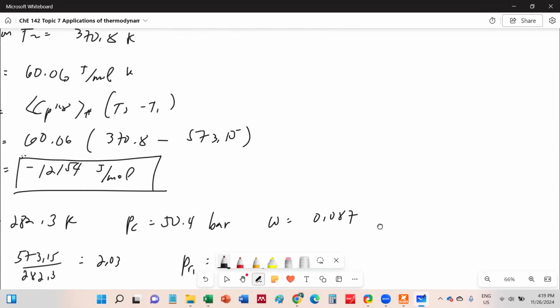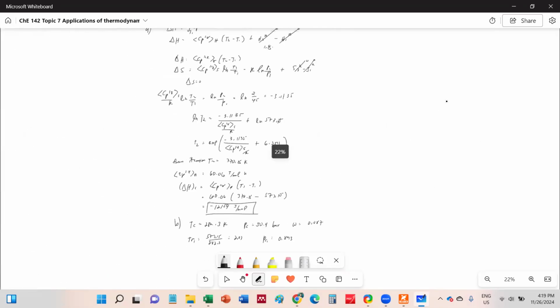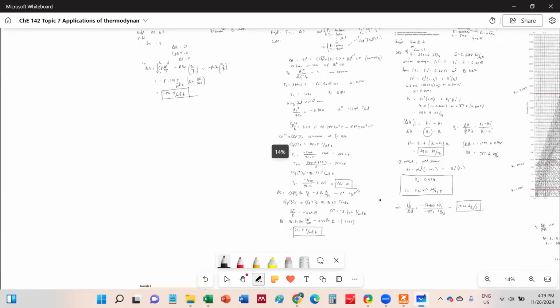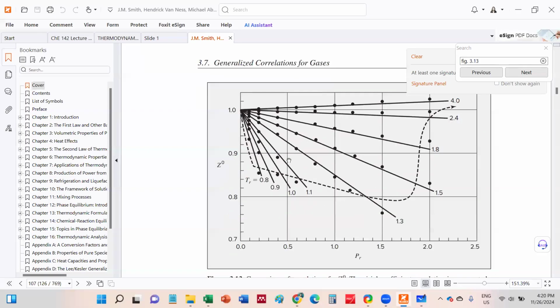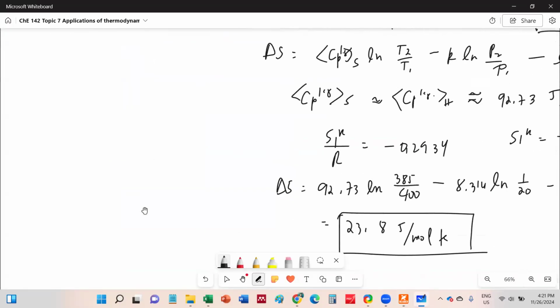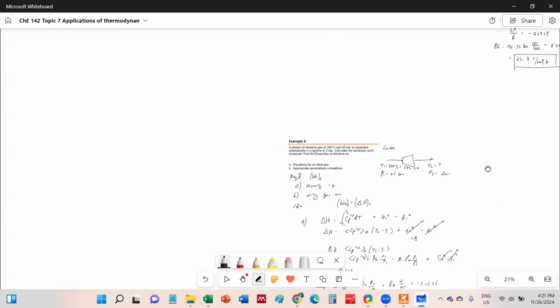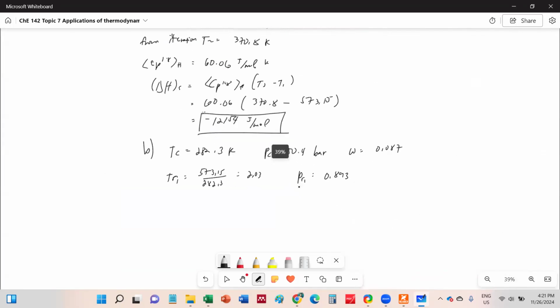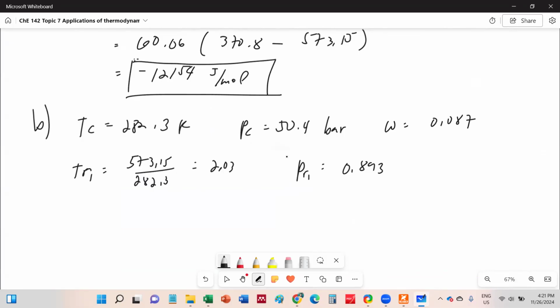Let me see if I have a copy here. So no. Let me open the reference. This is figure 3.13. Now we try to plot our TR and PR. So TR is 2.03, PR is 0.893.